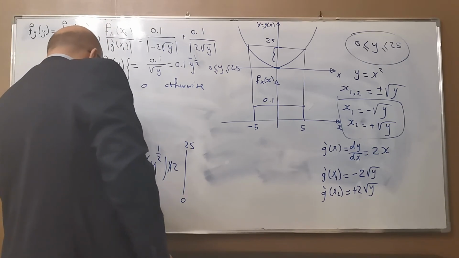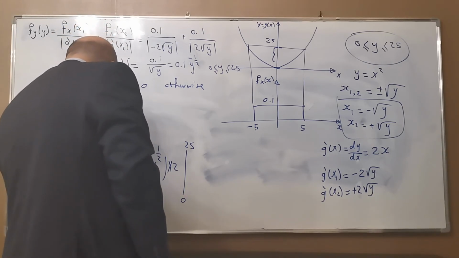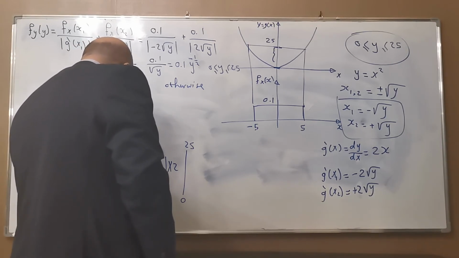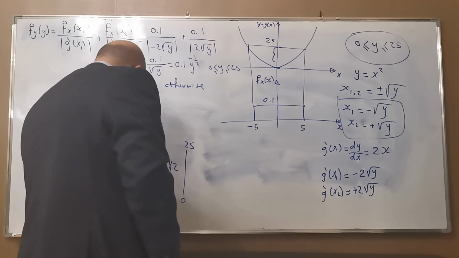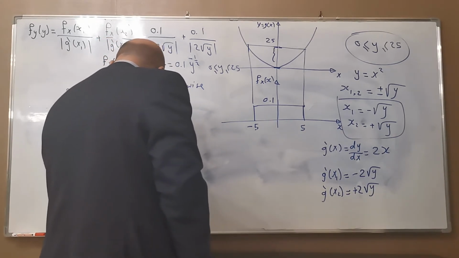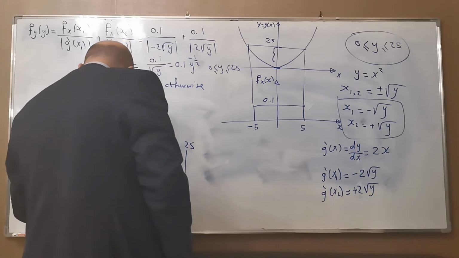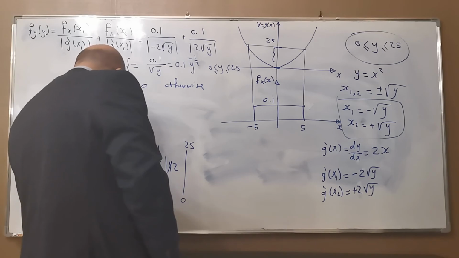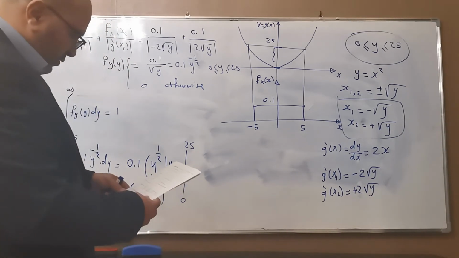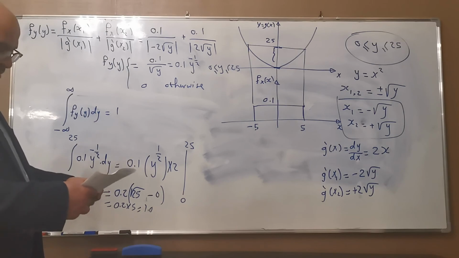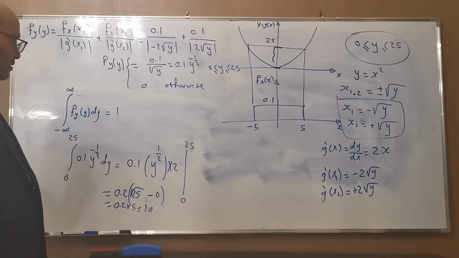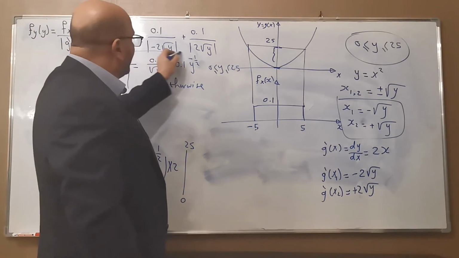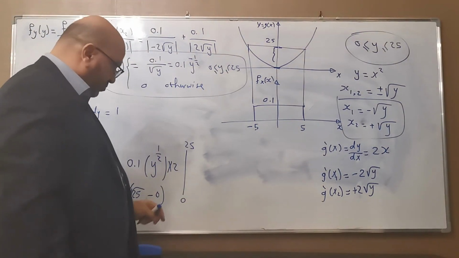This equals 0.2 times the square root of 25 minus 0, which is 0.2 times 5, and this equals 1. So we did things in the right order, and we found the new PDF for fY of y based on our transformation.